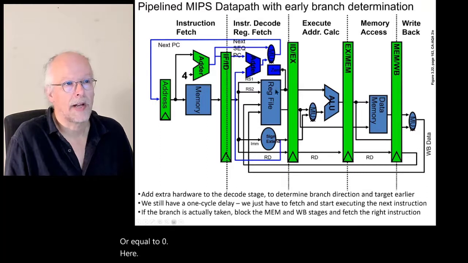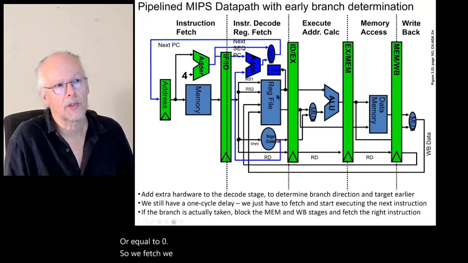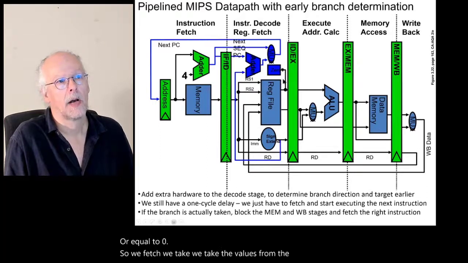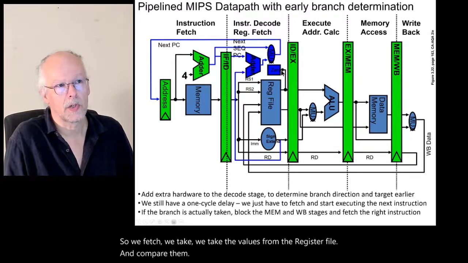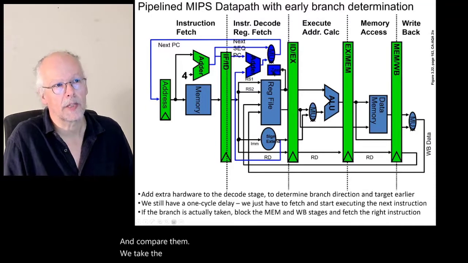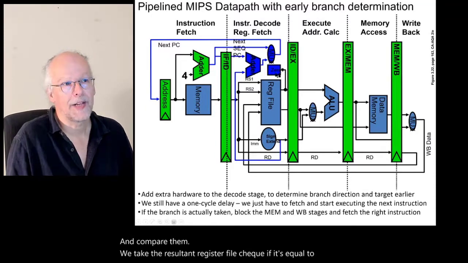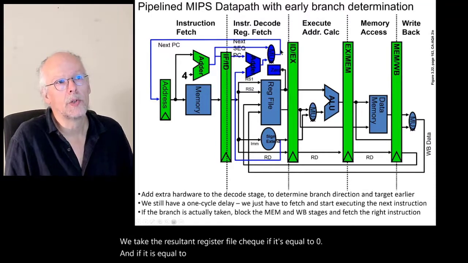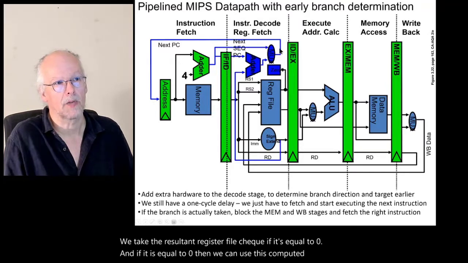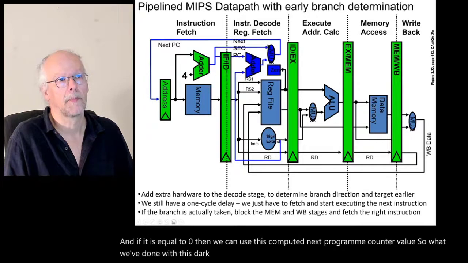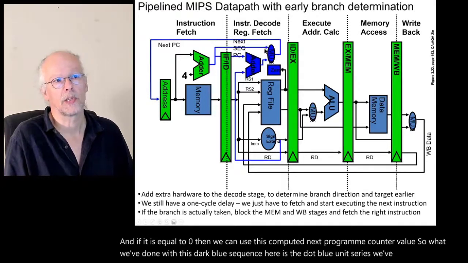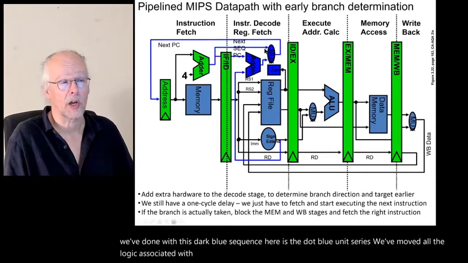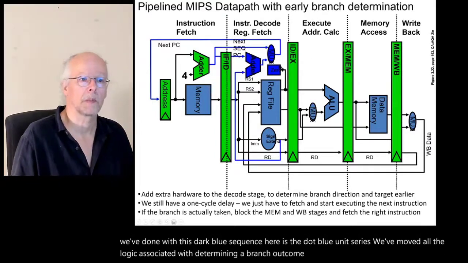So we take the result from the register file, check if it's equal to 0, and if it is equal to 0, then we can use this computed next program counter value. So what we've done with these dark blue units here is move all the logic associated with determining a branch outcome as early in the pipeline as possible.